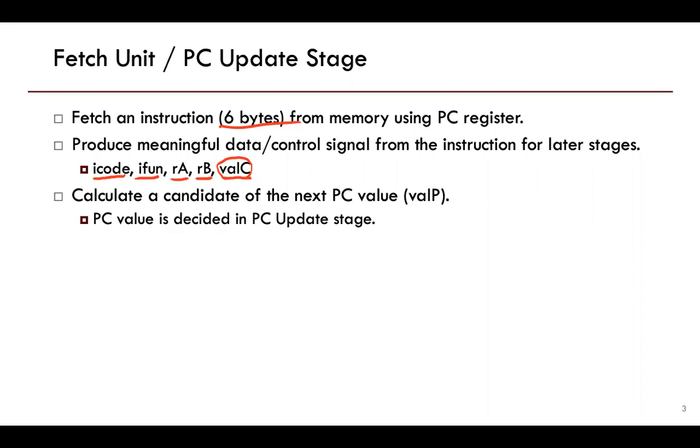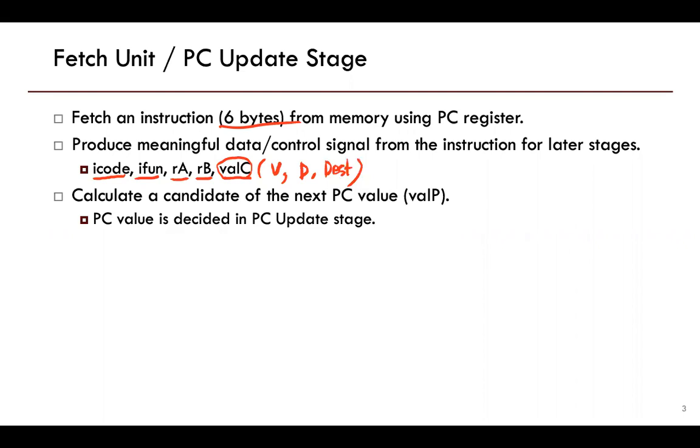Then what is valC here? It is actually the constant values in the instruction format. So what are the constant values we have? We have V, which is the immediate value, and D, which is the displacement used to calculate the memory address, and then Dest, which is the destination of the next instruction.